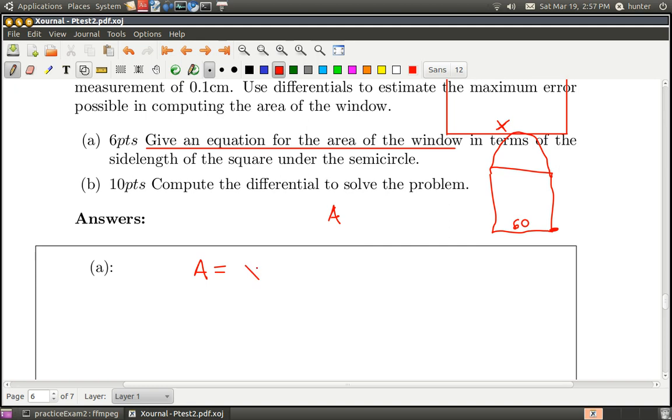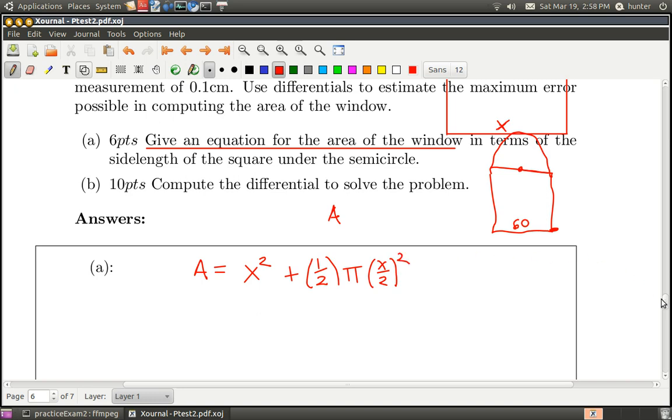So it's going to be x squared plus, and now, okay, so remember the formula for the area of a circle is pi r squared, but we only have half a circle, so it's going to be 1/2. And there's going to be a pi. Okay, and now I write r, which is x over 2 squared.